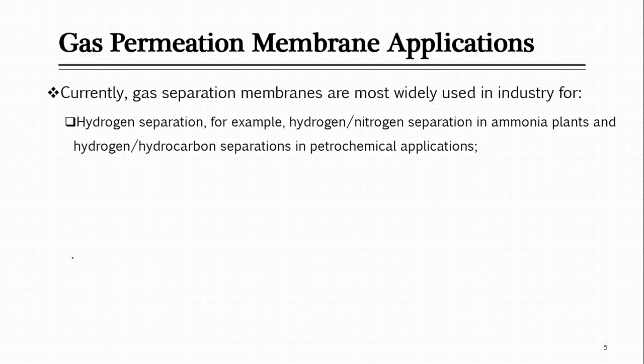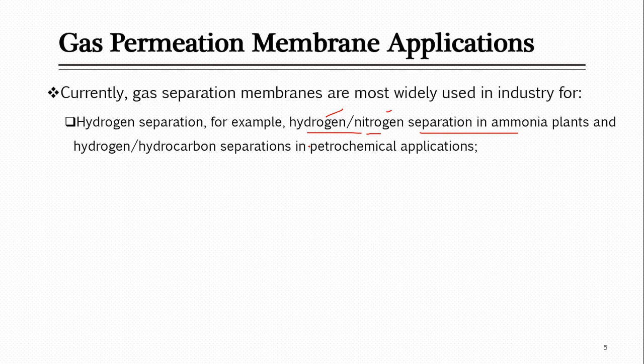First of all, for example, if you look at ammonia plants, unconverted hydrogen and nitrogen come out of the reactor. You have to separate this hydrogen and nitrogen, and that's easy with the help of membrane. So membrane systems are used in ammonia plants for separation of unconverted hydrogen and nitrogen.